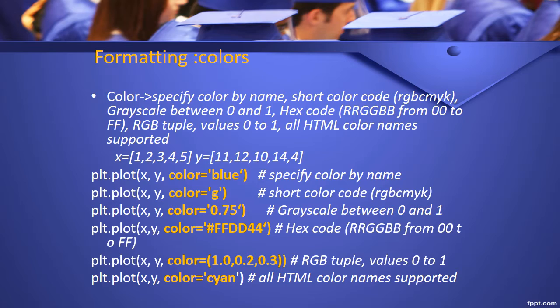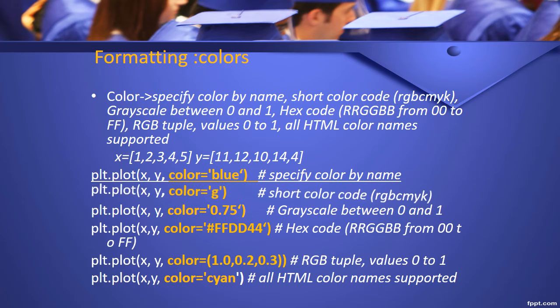And we can give the color for the graph. Here the plot method is used for drawing the line, and x and y have some values in the list. In the first method, color equal to blue, we just specify the color name; we can also give a short code, as mentioned in the second.